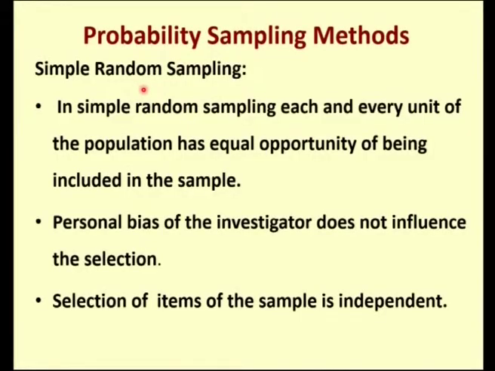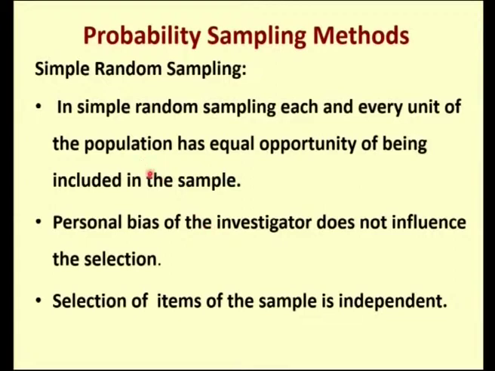The first one, simple random sampling. As the name says, it is a very simple method, easy to take a sample from the population using this random sampling method. Here each and every unit of the population has an equal chance of being included in the sample. As I mentioned already, since the population units are already assigned a probability or chance of being included, no personal bias of the investigator can influence the selection.